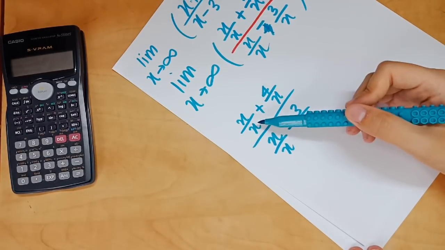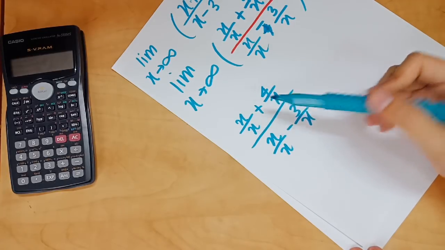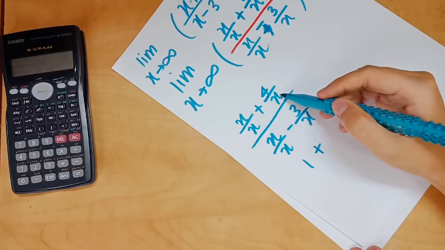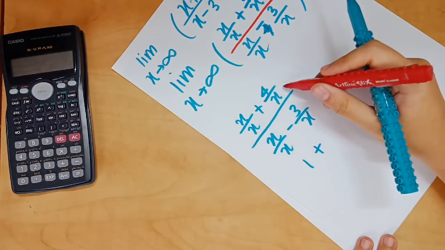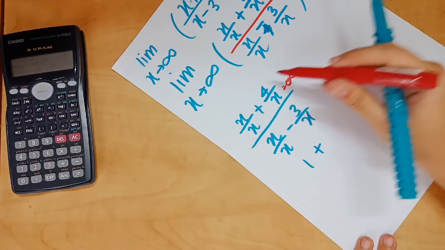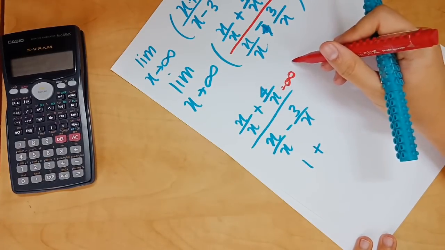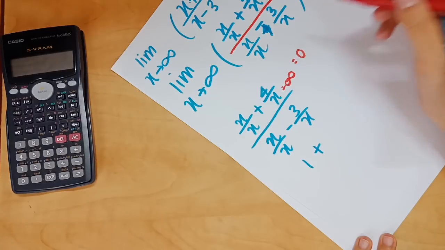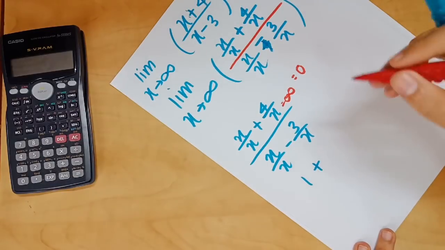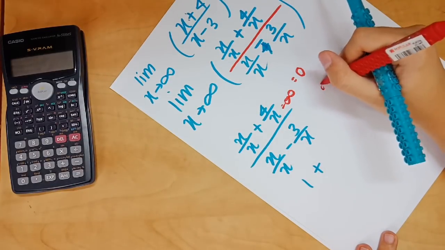When you get x over x, you immediately know that it equals 1, so you can just write down 1. And this one, 4 over infinity, because x is actually infinity here. So when you get something over infinity, remember that it always equals 0. Whenever you have a number over infinity, it equals 0, so you can make a note here.